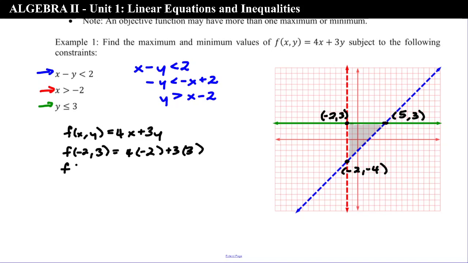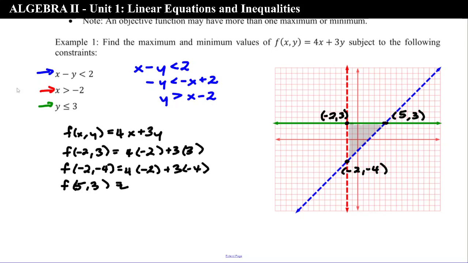Our second one is f of negative 2, negative 4. Again, we just plug in our x and y, negative 2 here and negative 4 here. And then we plug in our third point, f of 5, 3.